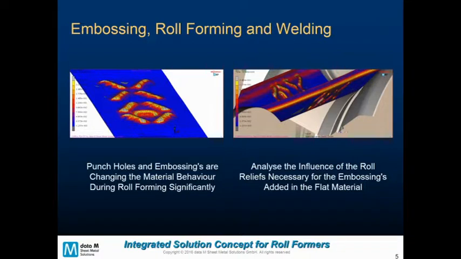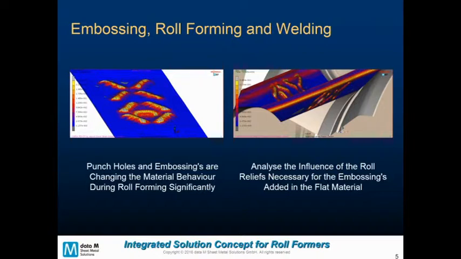When we consider roll form profiles nowadays, we're not looking at the roll form parts of 30 years ago. We now look at parts with embossing. We'll look at parts with holes that are then roll formed and then welded. And of course, punch holes and embossings are changing the material's behaviour during roll forming significantly.